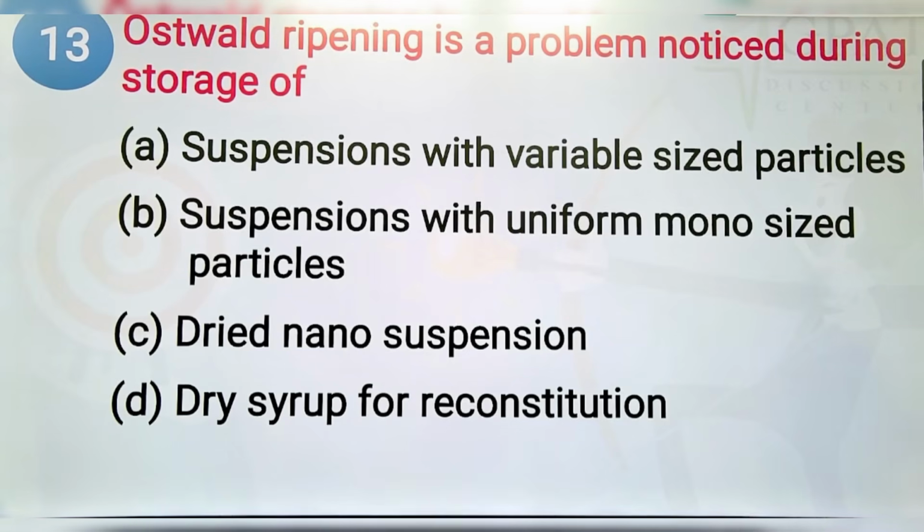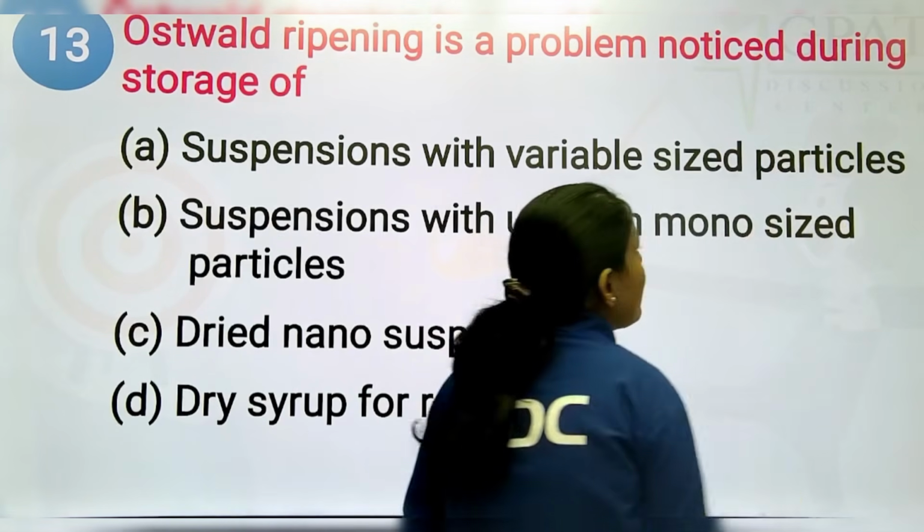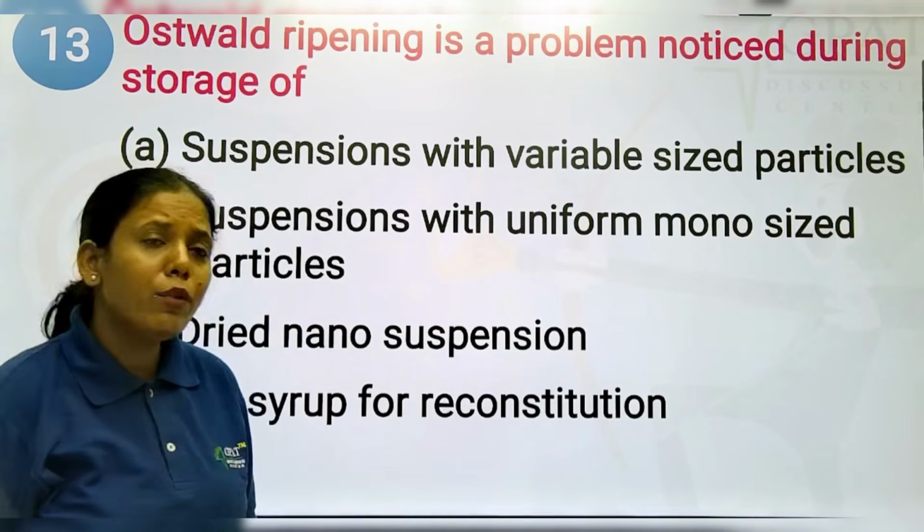Next, Ostwald ripening is a problem noticed during the storage of: suspension with variable sized particles, suspension with uniform mono-sized particles, dried nano suspension, or dry syrup for reconstitution. Ostwald ripening means when your suspension is not uniform.